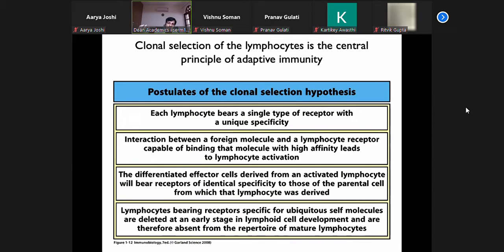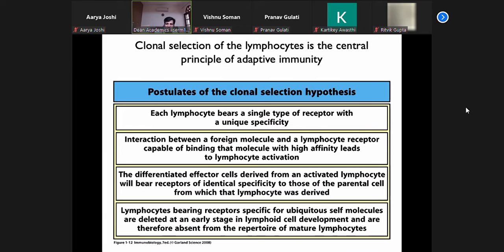Or maybe all these specificities are present on one lymphocyte, right? And then you have multiple of those lymphocytes, and whenever you encounter an antigen, that antigen binds to one of those specificities out of many present on one cell, and then activates these cells to produce only that kind of antibody.